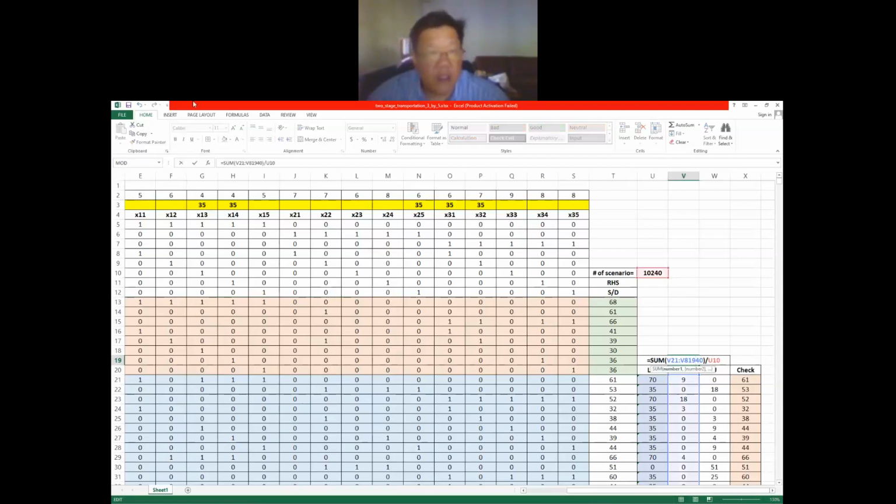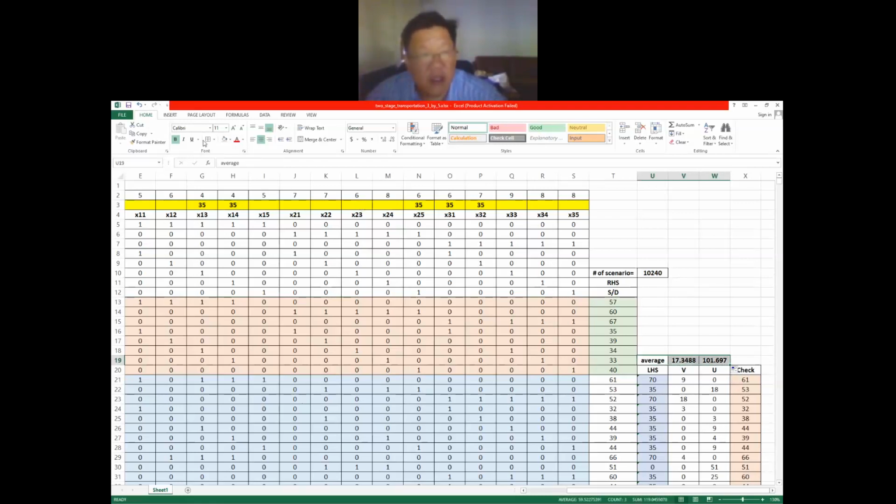If we just fix this, pressing F4 here for U10, we can find the average of U also. If you transport 35 over here, on average in one scenario, the average underachievement of capacity and demand is 101 units, but the overachievement is only 17.